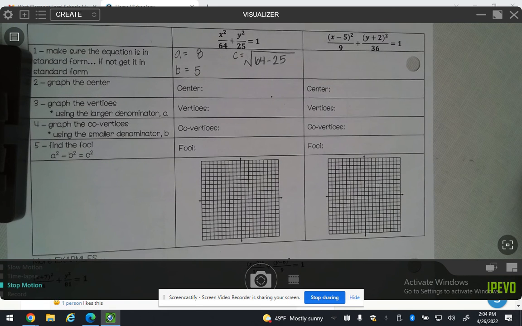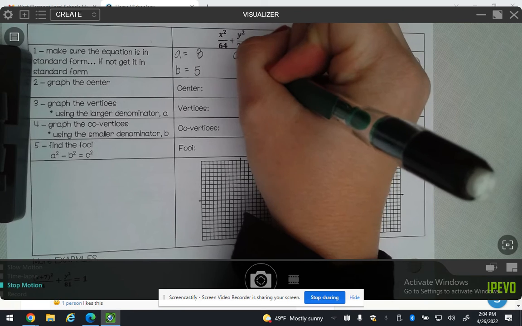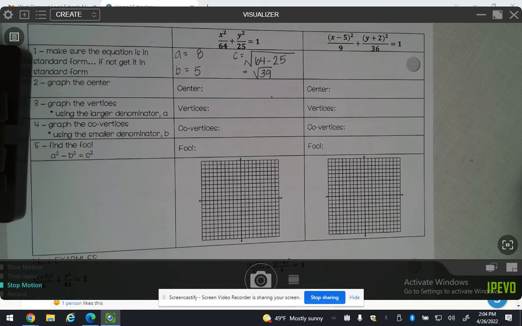Do not put 8 and 5 in there. I've seen it. Don't do it. What's 64 minus 25? I'll help you. It's 39. Can 39 be simplified? Well, it's 3 and 13, but 3 and 13 are both prime. Okay, so it can't be done.